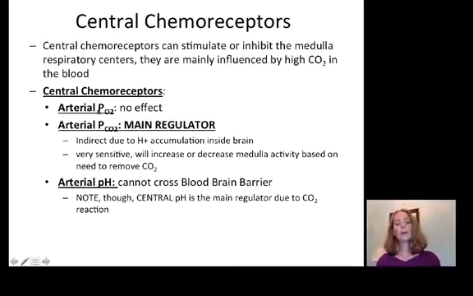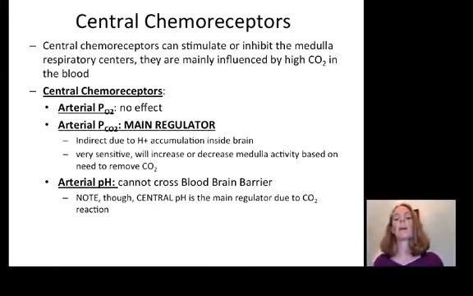So the arterial partial pressure of oxygen in the brain has no effect. The arterial partial pressure of carbon dioxide is the main regulator in the brain. That's indirect because acid can't actually accumulate in the brain because of the blood-brain barrier; acid can't cross over to the brain.